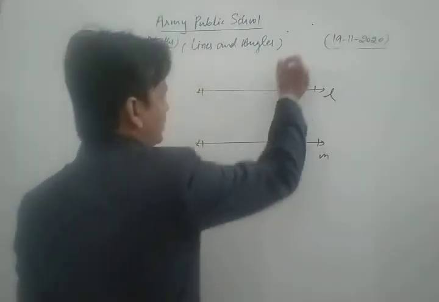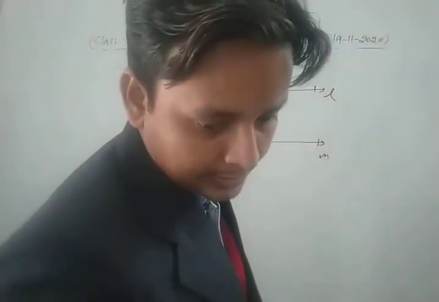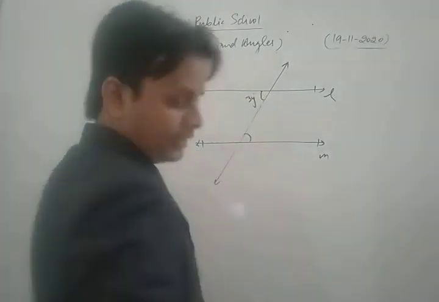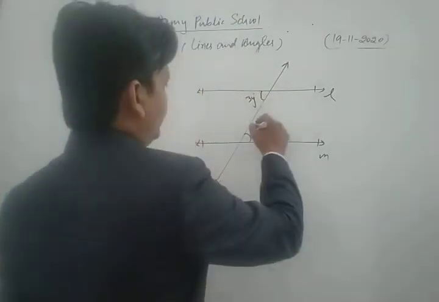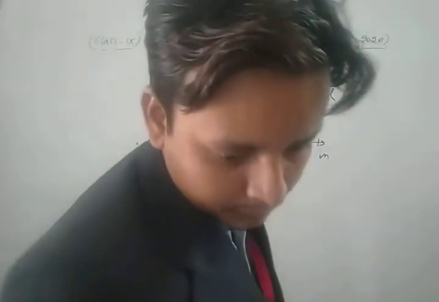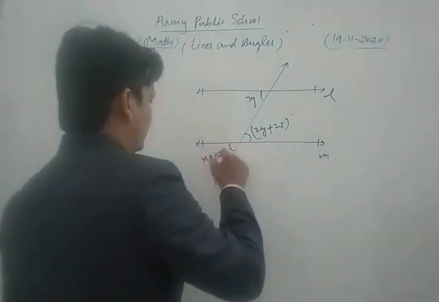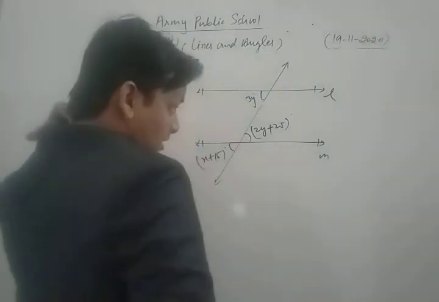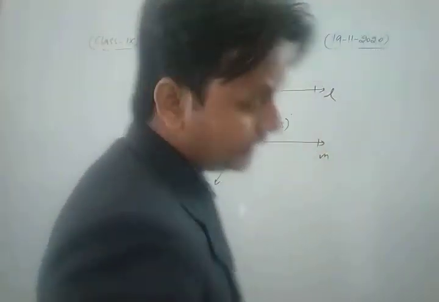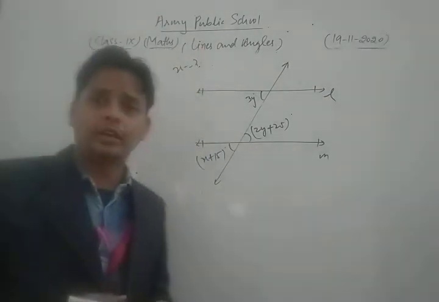The lines are intersected by a transversal. This angle is 3y, this is 2y plus 25, and this is x plus 15. In that figure we find the value of x.